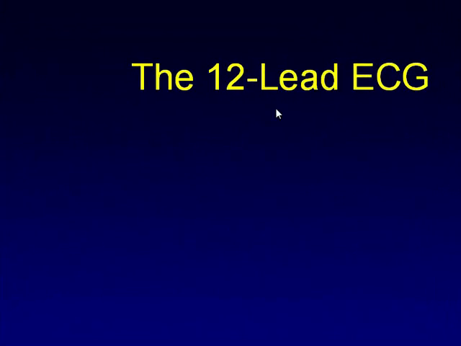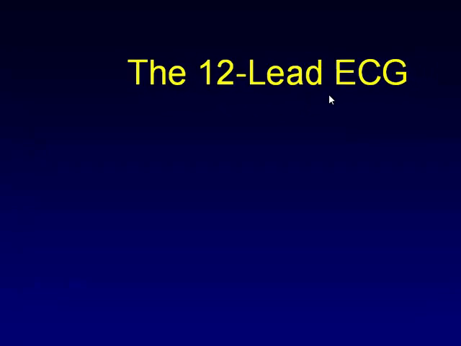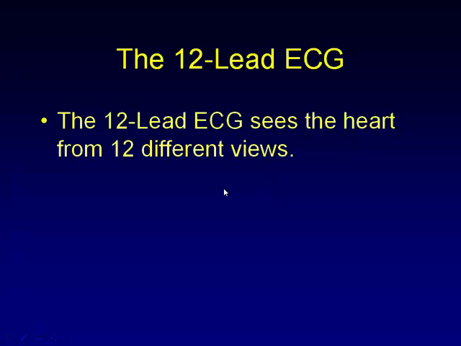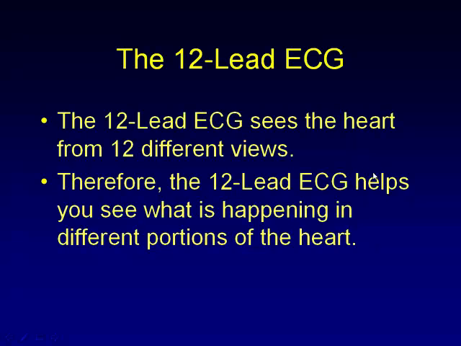So let's start. As I told you, we have 12 leads of the ECG, okay? So the 12-lead ECG sees the heart from 12 different views. Yes, we will see as soon as possible what that means. Therefore the 12-lead ECG helps you to see what is happening in different portions of the heart.